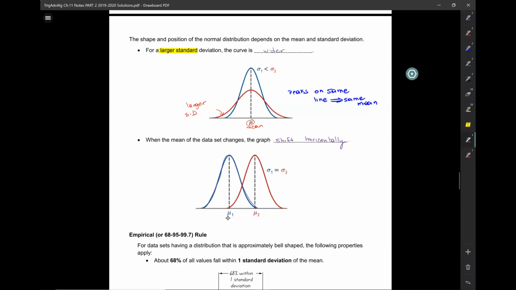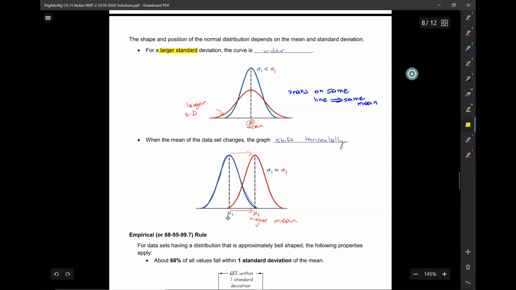And then 3 people were absent. They came, they took the test, they all aced it. Now the mean increased. So what happens is the entire curve shifts further to the right. So from here to here, you have a higher mean.